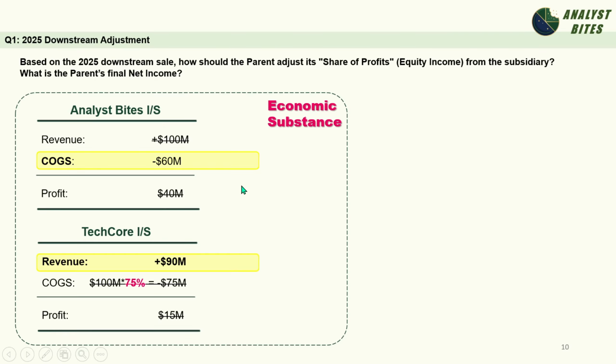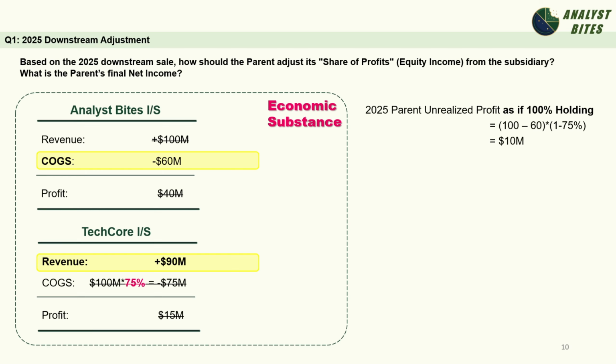This unrealized profit is 100 minus 60 times 25%, which is 10 million. Now we can calculate the parent's final net income. We start with the parent's 600 million net income and add our share of the subsidiary.